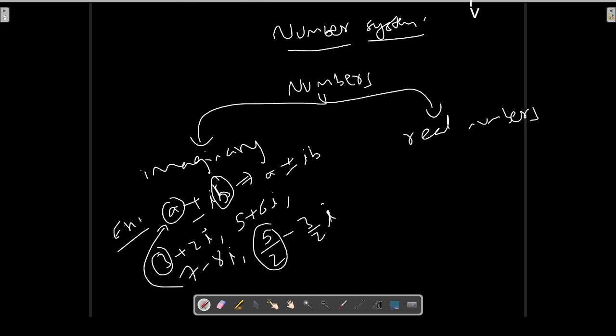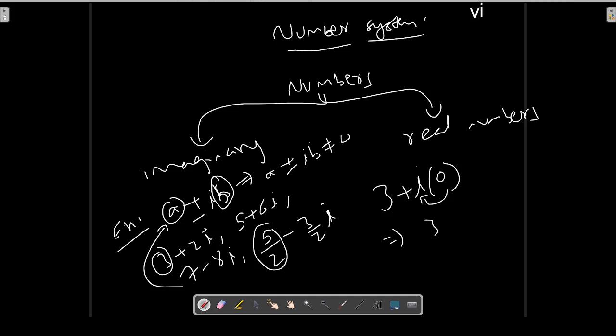And one more thing about imaginary numbers is that the coefficient of i should not be equal to 0. That means b should not be equal to 0. Let's look at what happens if b equals 0. See, if we have 3 plus 0i, then it will become 3 because 0 into something is always 0.